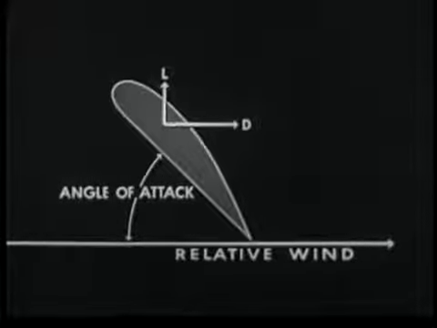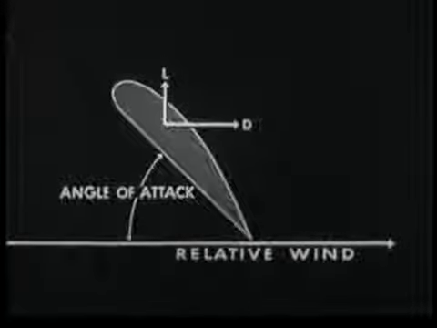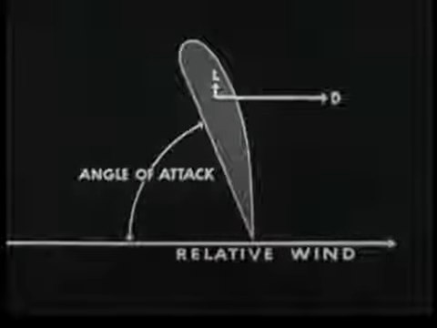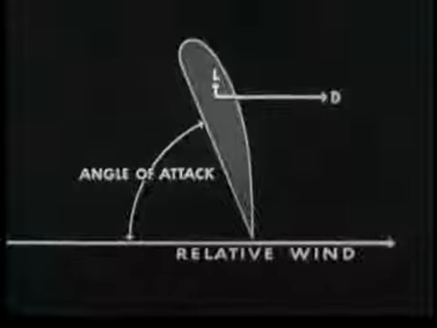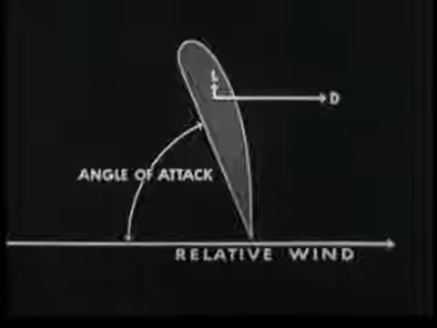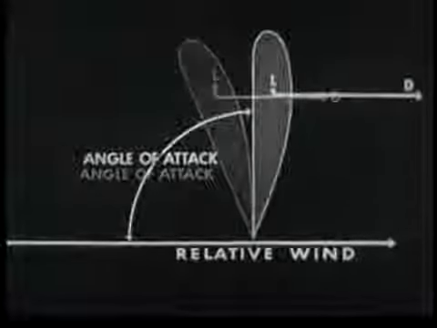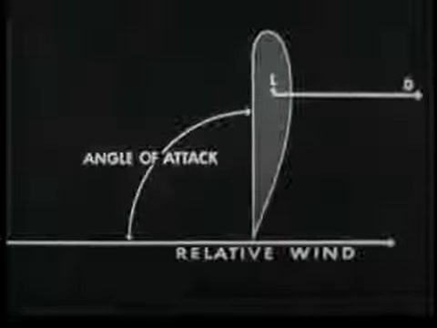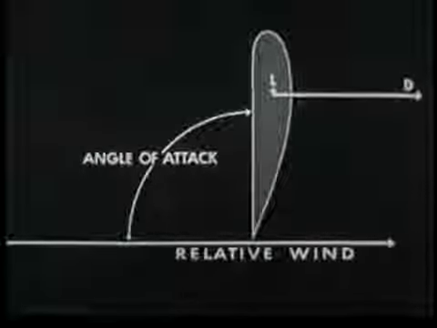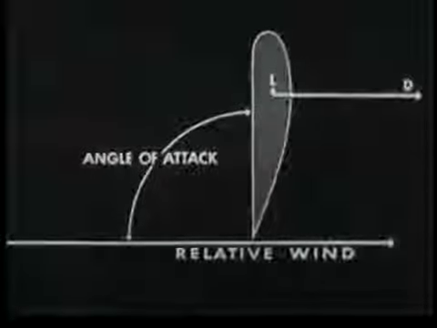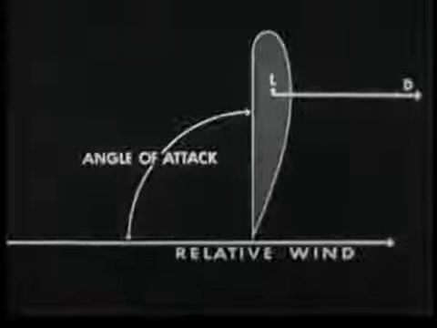From this angle to 90 degrees, drag continues to increase while lift falls off. At 90 degrees, the airfoil acts like a flat plate. It has maximum drag and negligible lift.